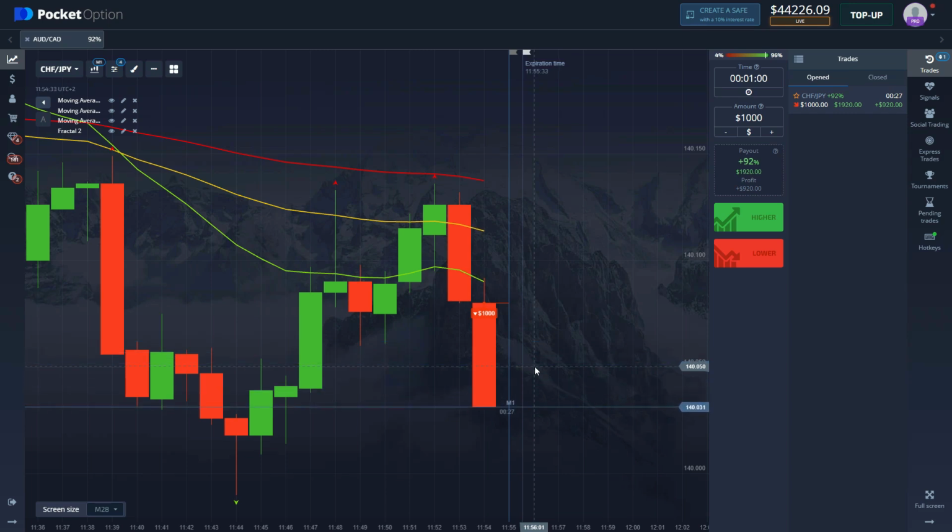Next thing, the third and the last, you wait for the fractal to print a signal for you to enter. Once the signal has been printed, you are going to enter a trade accordingly. So if it's a red fractal, you're going to enter a short position, but also keep in mind that your moving averages should be in a certain position, and that is green below the yellow, yellow below the red, and the opposite for the long position.